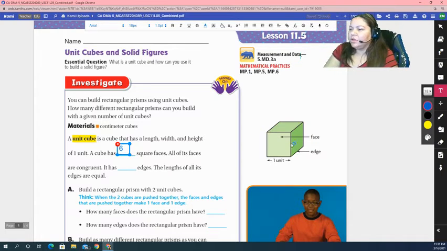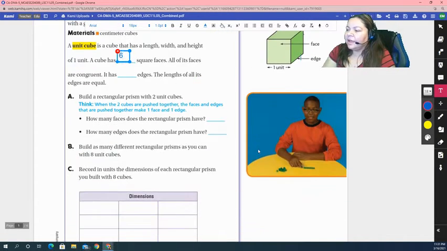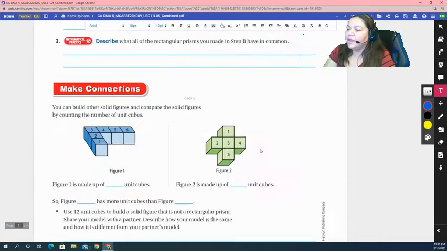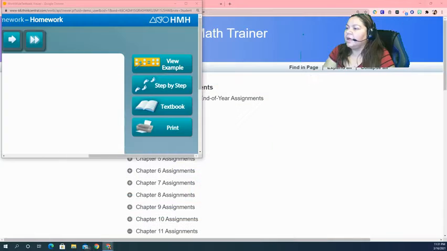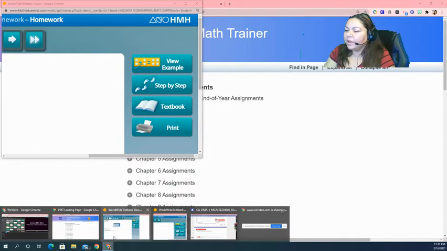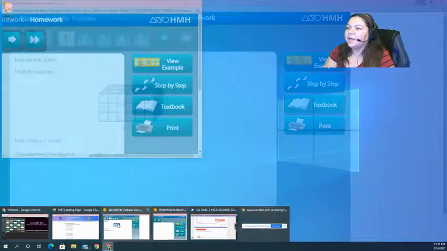Using these unit cubes, you can create other rectangular prisms. I'm going to go into that by going to the whiteboard. So let me pull up the whiteboard so that I can model that for you.